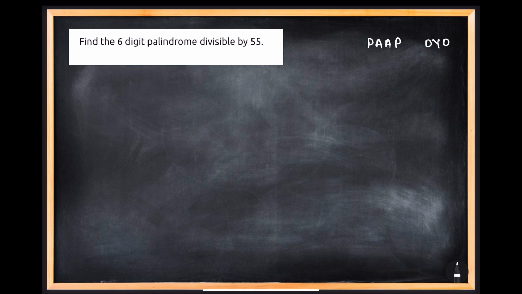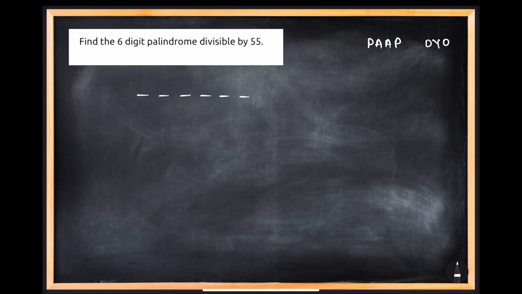Okay, now try to understand, you want a 6-digit palindrome: 1, 2, 3, 4, 5 and 6. The idea is the number should be divisible by 55.